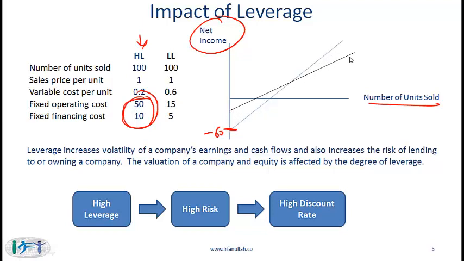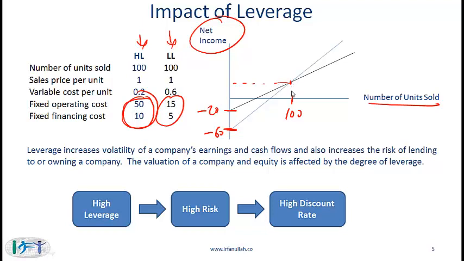The black line represents the low leverage firm. If there are no sales, then the loss is only 20. As sales increase, the net income increases, but at a lower rate. This point represents the sales at which the net income is the same for both companies.